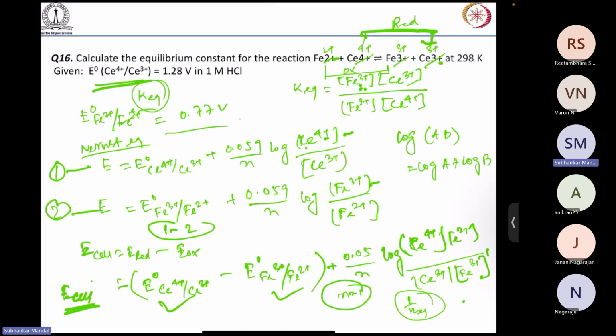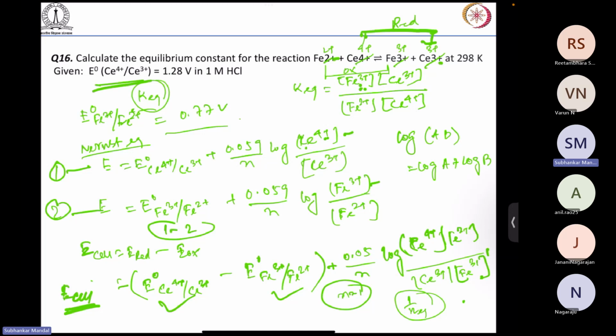But in this reaction, E cell they did not give. Even they have not given E naught of Fe3+/Fe2+. Data is incomplete, right? Is it correct, sir?